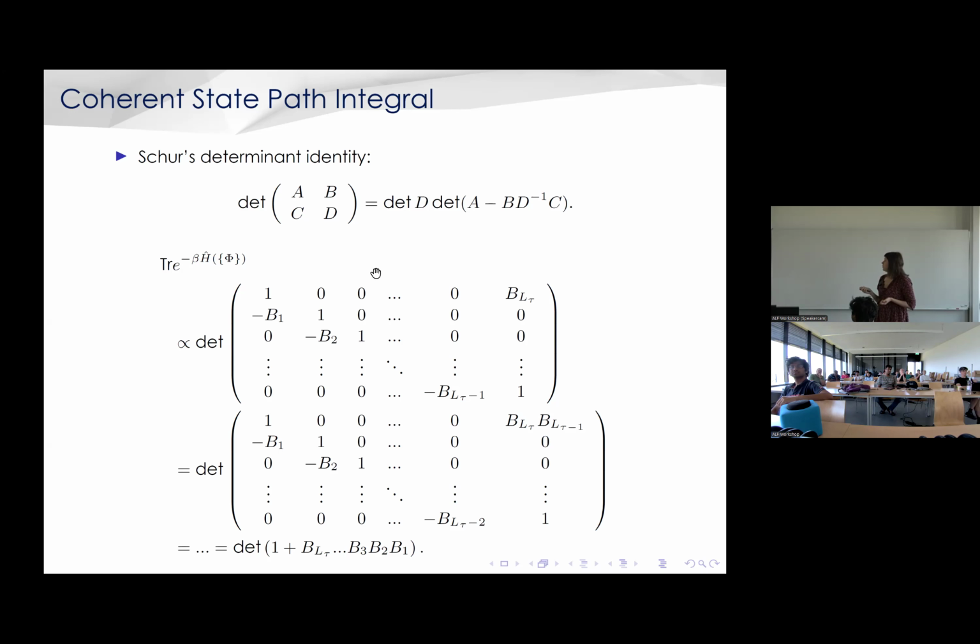And we can just continually iterate this identity until we can write the whole thing as the determinant of 1 plus a product of all of the B matrices like this. And so, as I mentioned, each of the B matrices is spatial by spatial in dimension. So now the full determinant is just spatial by spatial. So the algorithm scaling at the end is going to be beta volume cubed. And this is where the volume cubed comes from, the spatial volume, basically, of this determinant.